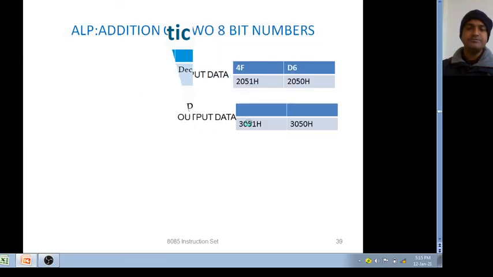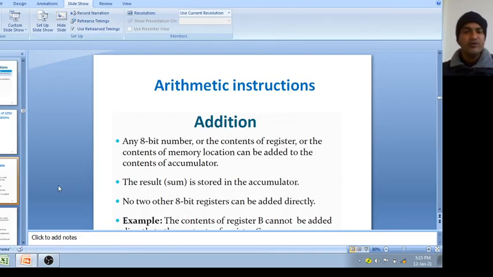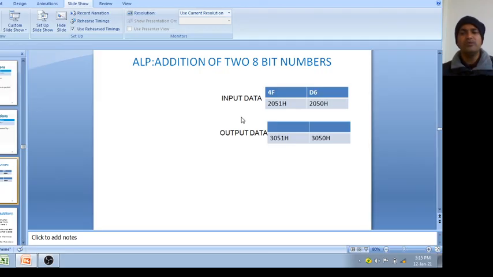Okay. Now we will perform a program: addition of two 8-bit numbers by using 8085. So you have to perform addition of two 8-bit numbers. Suppose input data is 4F and it is stored in 2051 memory location, and D6 is stored in 2050 memory location.